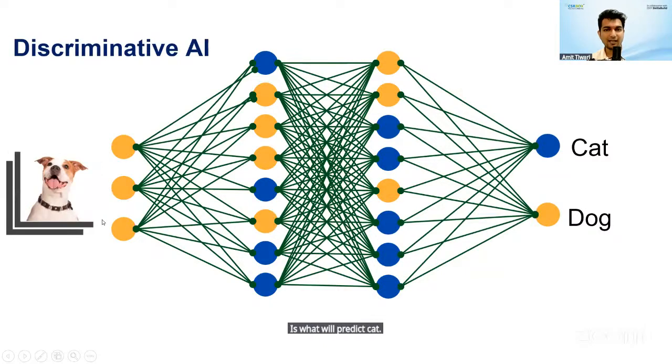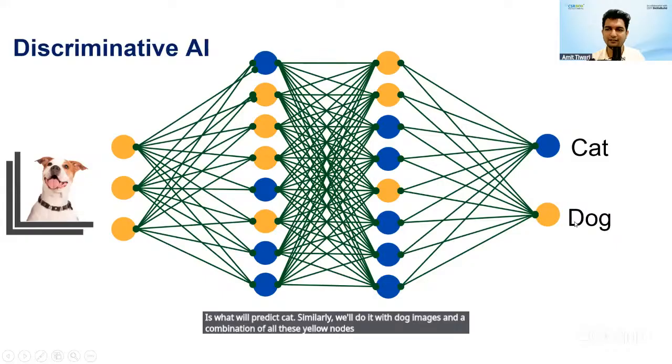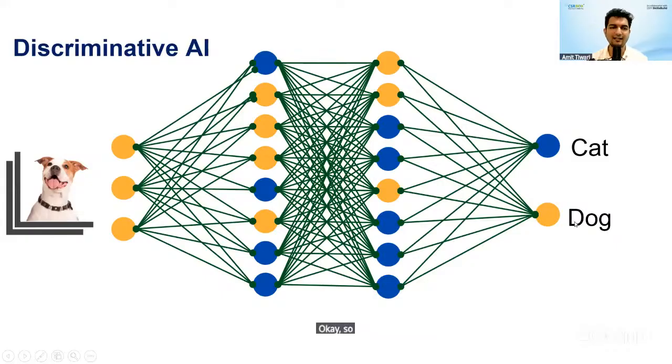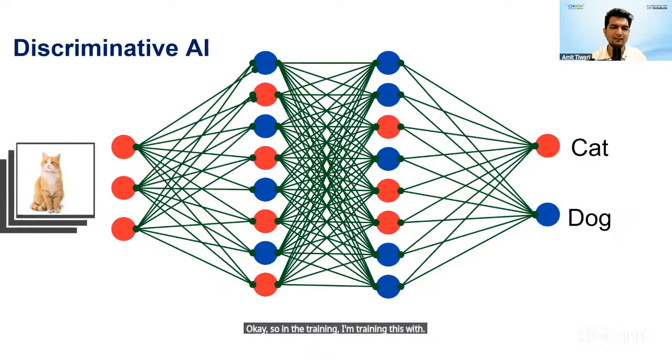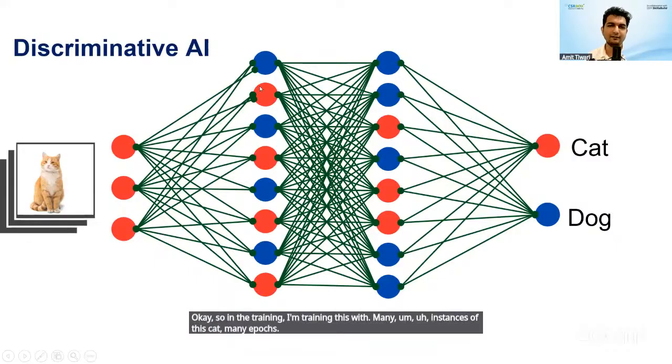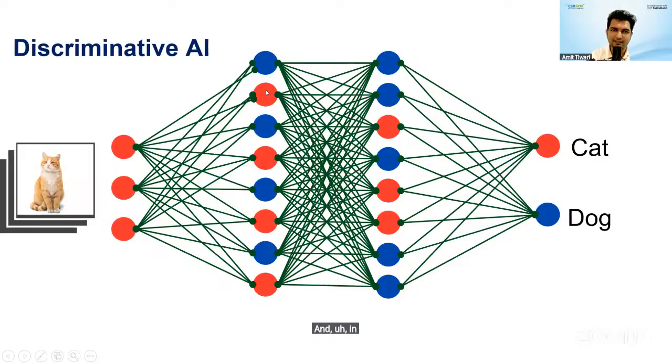Similarly, we will do it with dog images, and a combination of all these yellow nodes will predict that it is a dog. In training, I'm training this with many instances of cats, many epochs, and in this process, it is learning some weights. It is storing some weights in these nodes, and these nodes are getting fired.